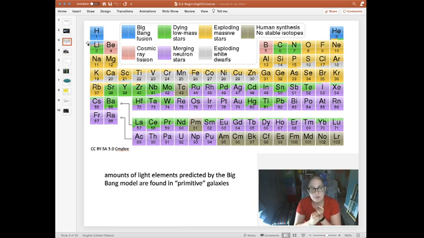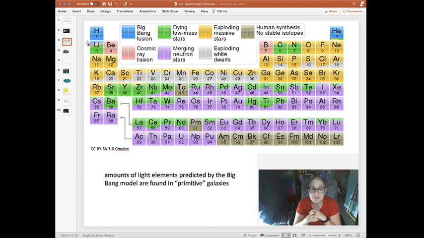Isotope means it's got a different number of neutrons in the nucleus of the atom. So hydrogen always has one proton, but it might have 0 neutrons, or 1 neutron, or 2 neutrons. Those are 3 different isotopes of hydrogen. So they predicted the ratios of these elements and their isotopes.